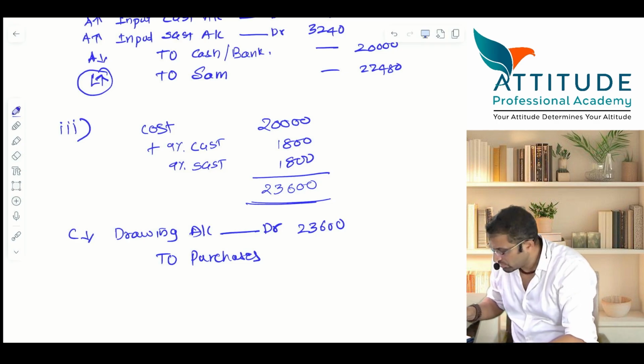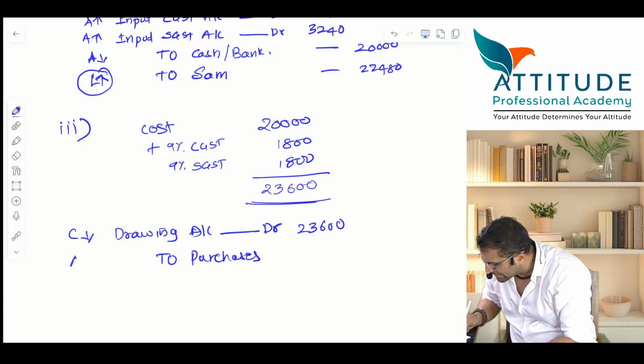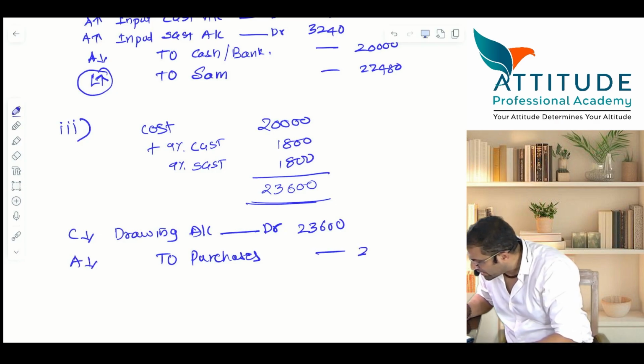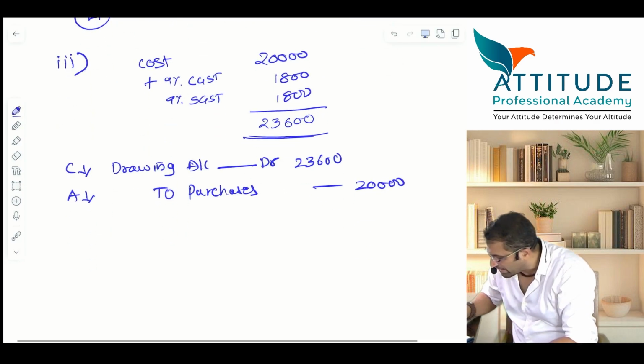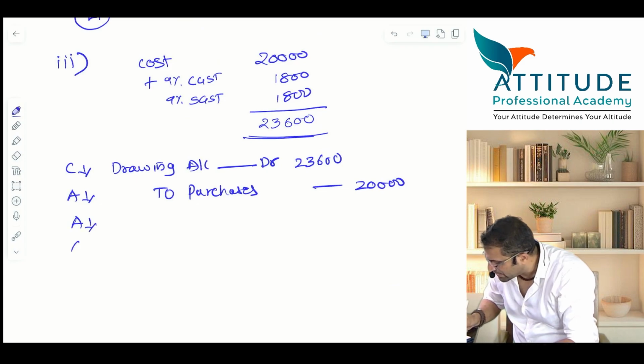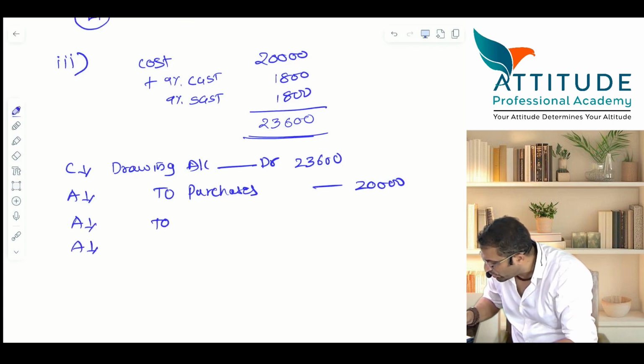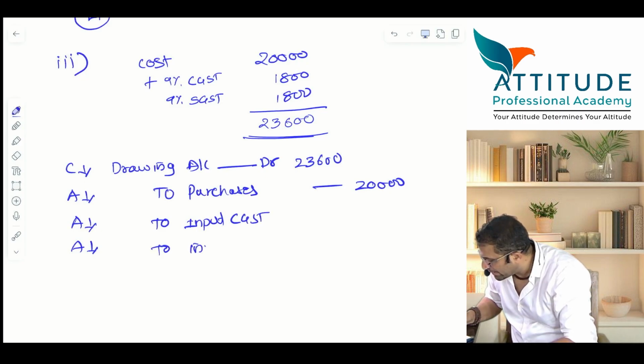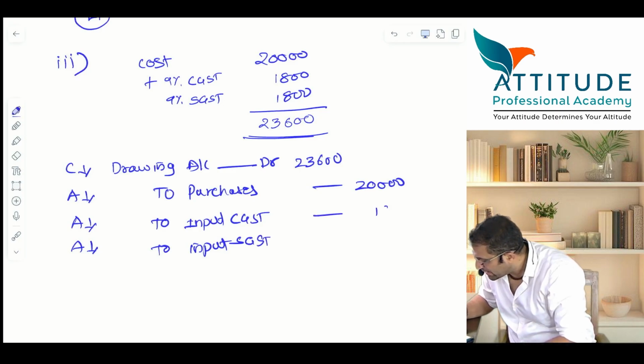Yes or no? Correct. So this asset reduces. How much? 20,000. Now reverse. Asset reduces. To input CGST and to input SGST, which is 1800 and 1800.